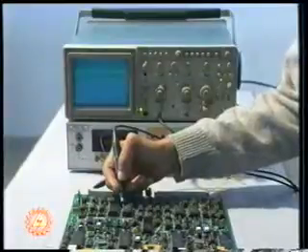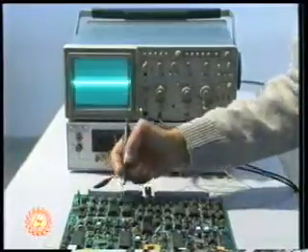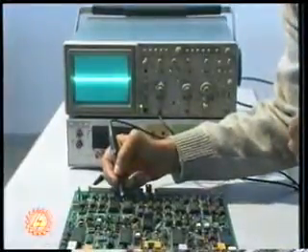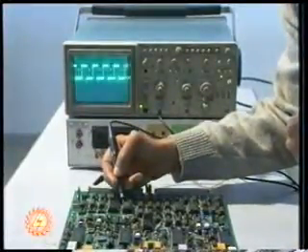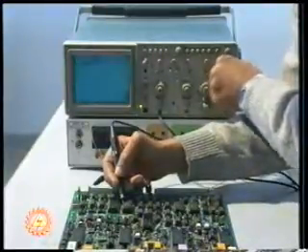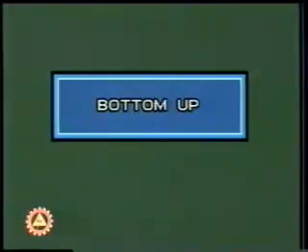If we find that any of these signals are not proper, then we can trace back the circuit up to the processor itself. This way, it becomes easy for us to correct the design problems. This method of debugging is called bottom-up approach.